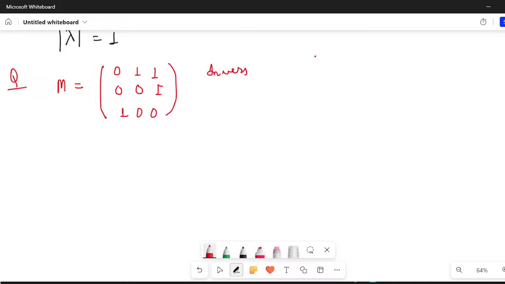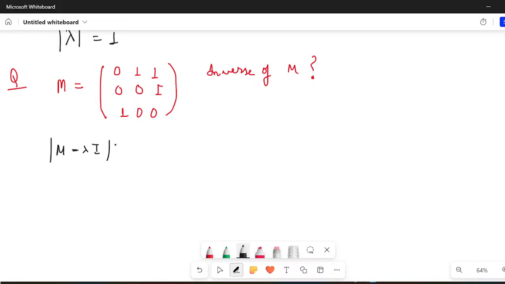So what would be the inverse of M? Let us first apply the Cayley-Hamilton theorem. What does the Cayley-Hamilton theorem say? It suggests us to solve this determinant of M minus lambda I equal to 0.